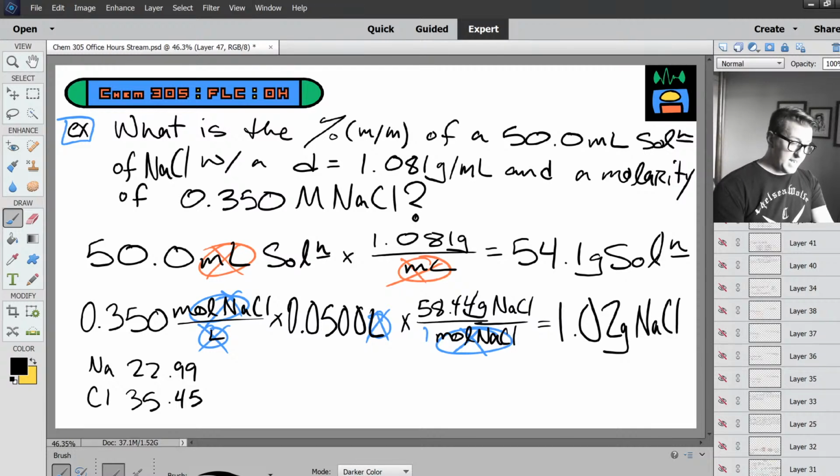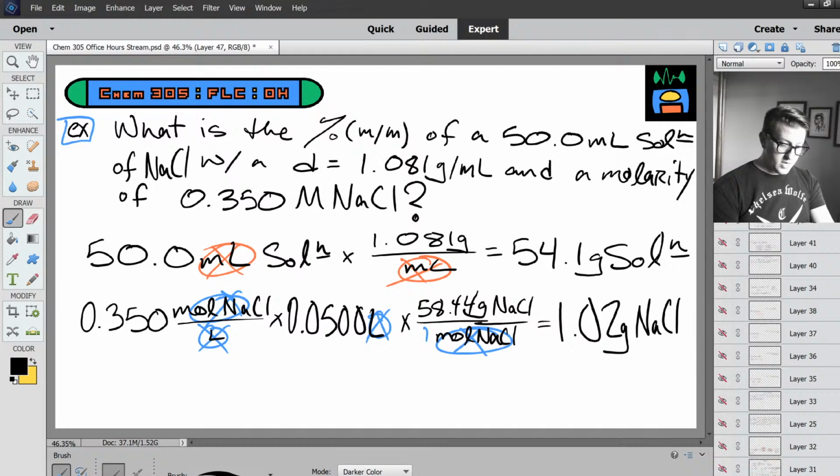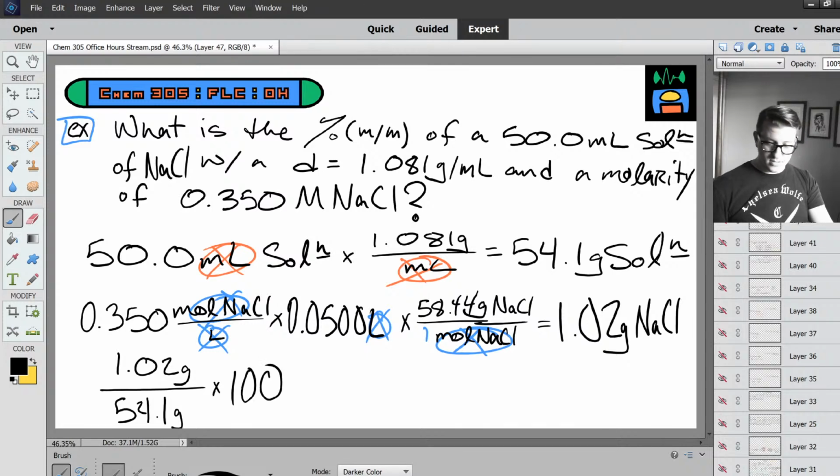Now, with that in hand, we can calculate our mass percent, because we take our grams of solute, 1.02 grams, divided by our mass of solution, 54.1 grams, times 100. 1.02 divided by 54.1 times 100.